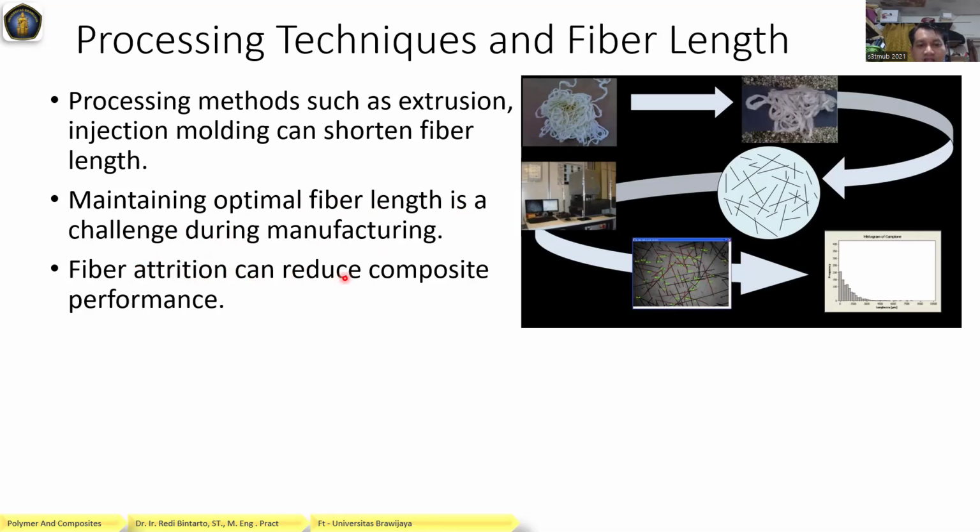Fiber attrition can reduce composite performance. So we have to be careful when we manufacture, because when the fiber is broken, the strength should decrease.